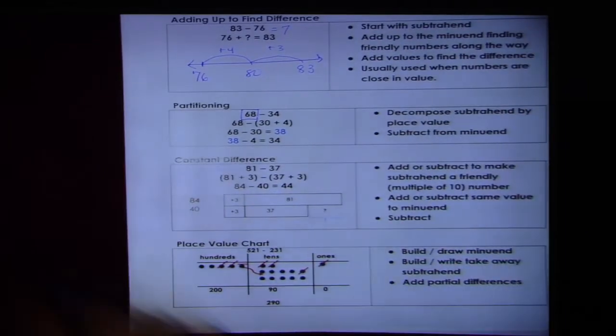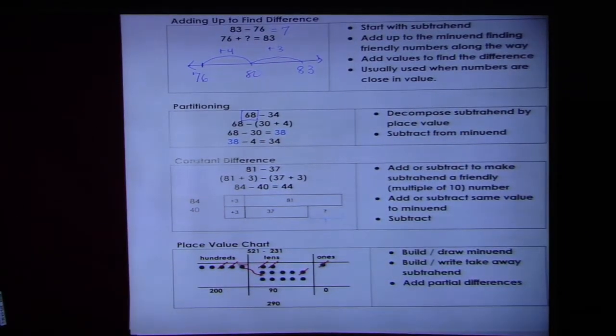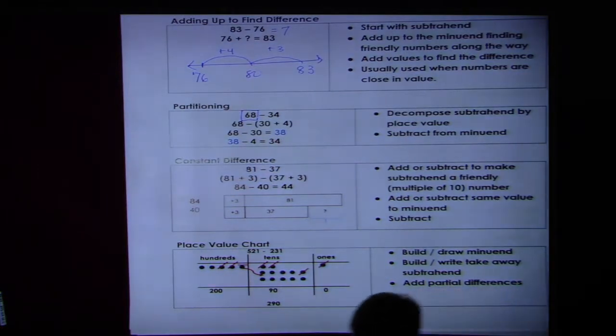Okay, constant difference. Here's our challenging one. We're going to start with really easy or small numbers. If I have 4 take away 2, this is that language again. I'm trying to find out the difference here. Does that make sense? I could do that.